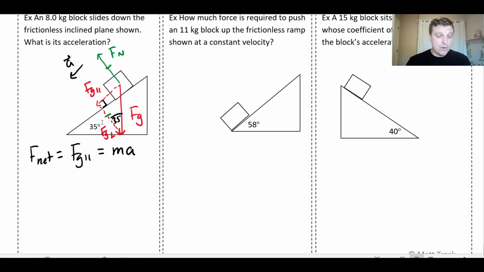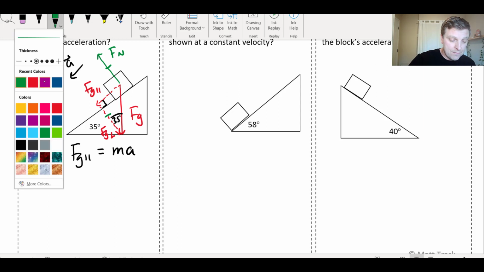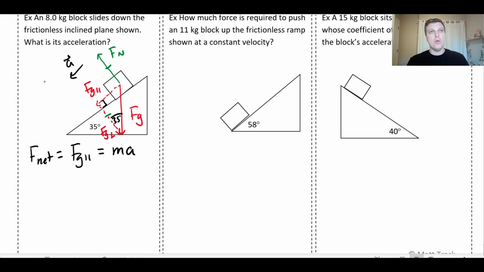Now, I should point out that we're going to find FG parallel. You can do this all in one go. I'll do it separately the first time just so we see how it comes about. Okay, so I'm going to find FG parallel. And you can see from this vector triangle that I've got here, it's a right angle. So I could say, for example, that the sine of 35 degrees is going to equal FG parallel over FG.